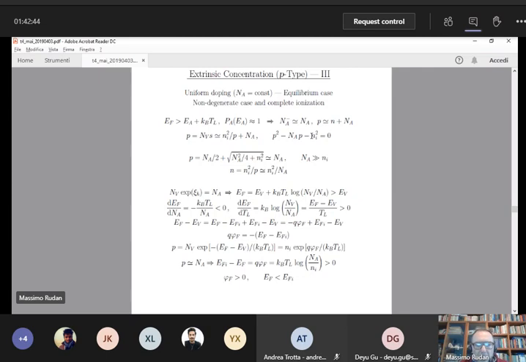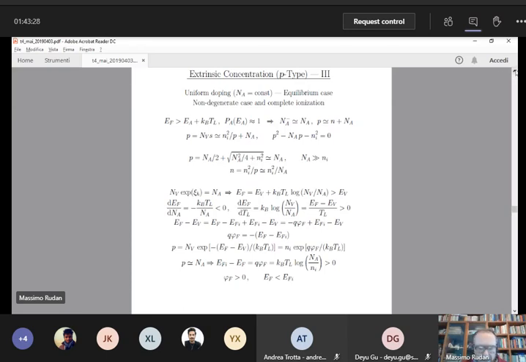This is an algebraic equation from which we obtain P. P is given by this expression, and if the concentration of the acceptors is larger than the intrinsic one, P is practically equal to Na, so the holes in this case are the majority carriers, and instead the electron concentration is Ni squared over Na, and the electrons are the minority carriers.